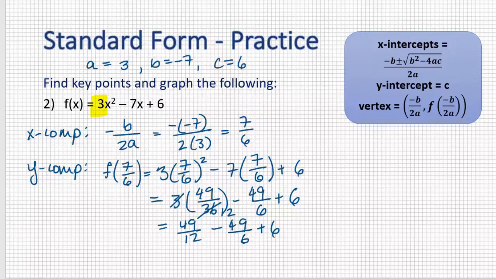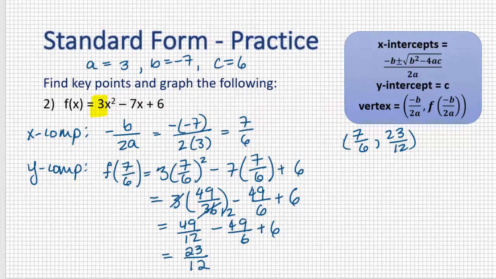You can absolutely do this arithmetic yourself by rewriting all three fractions so that they have the same denominator, ideally the lowest common denominator, or you can plug these into your calculator using the fraction key. Either way, you'll find that this is equal to 23 over 12. All right, so the vertex in this case was the point 7 over 6 and 23 over 12.